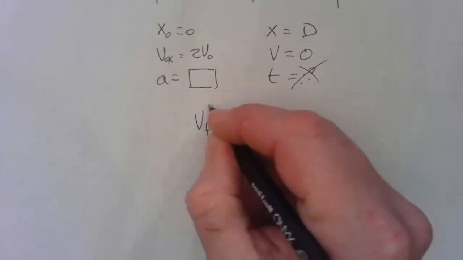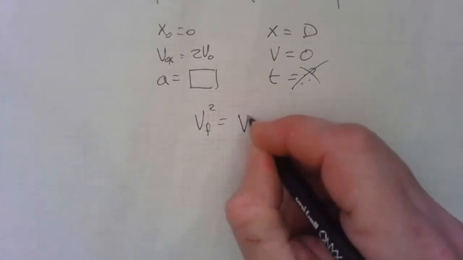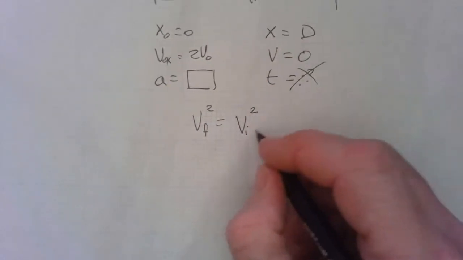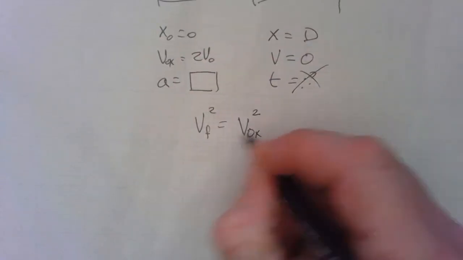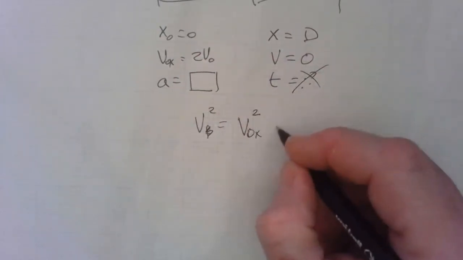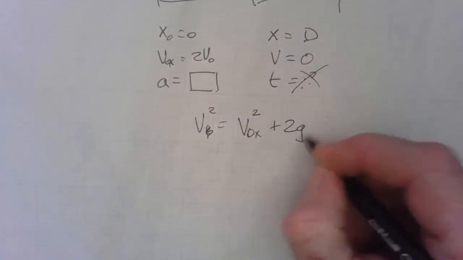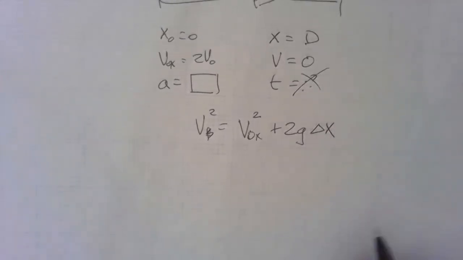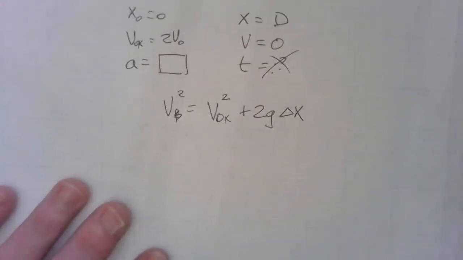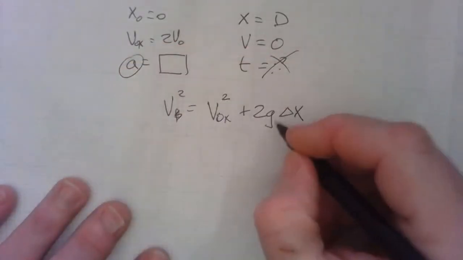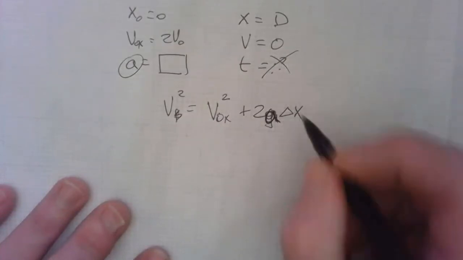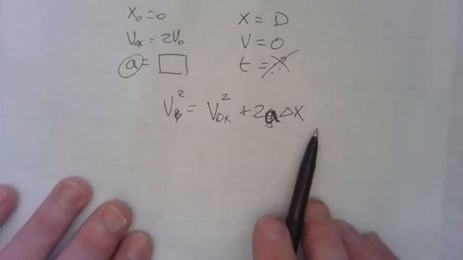V final squared equals V initial squared plus 2aΔx. I'm not using 2g, it's 2 times acceleration. This isn't a vertical problem, so whatever that acceleration is. And we have everything here except a.